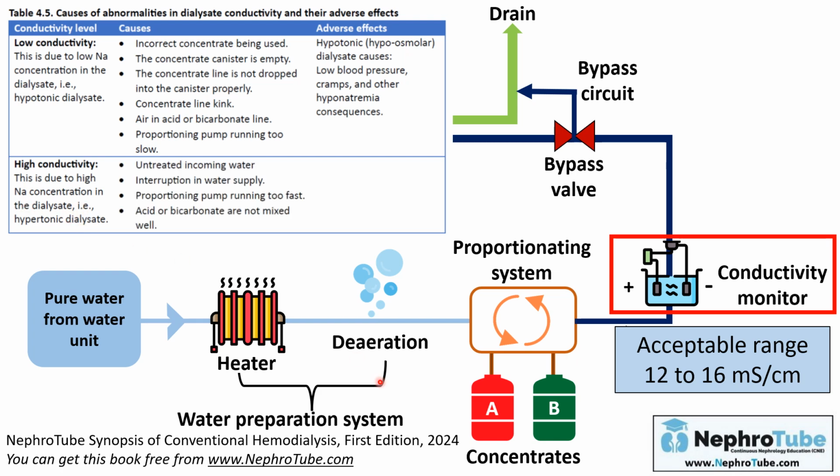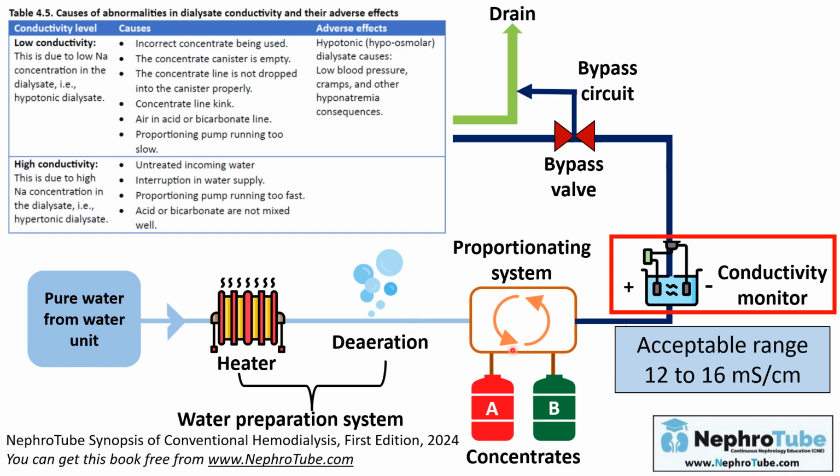First of all, the incoming water from the water unit is untreated. There are impurities and contaminants in the water coming from the dialysis water unit, which may contain more sodium than usual.